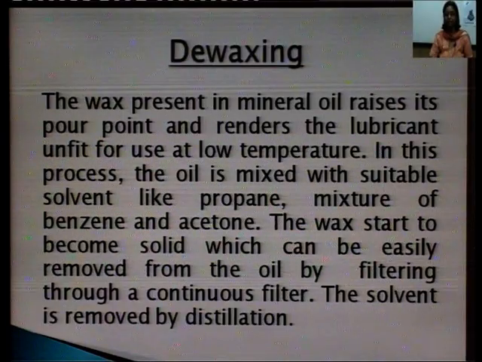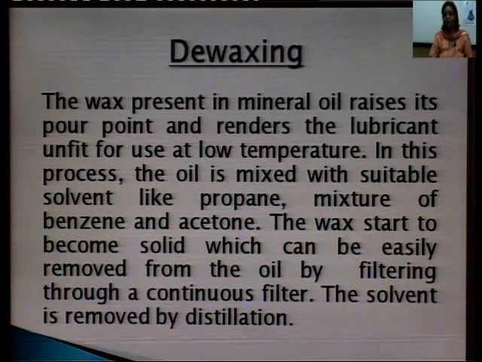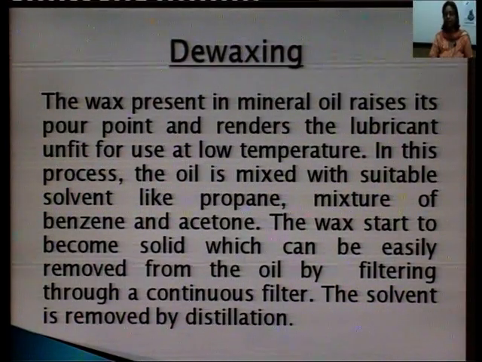What is dewaxing? The wax present in mineral oil raises its pour point and renders the lubricant unfit for use at low temperature. In this process, the oil is mixed with a suitable solvent like propane, or a mixture of benzene and acetone. It means we can use two solvents, either propane only or the mixture of benzene and acetone.